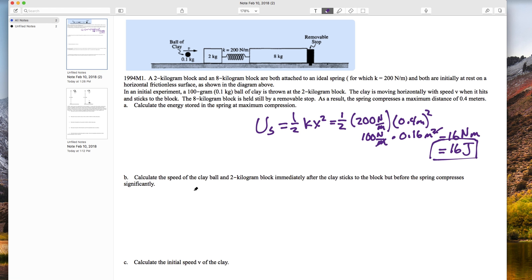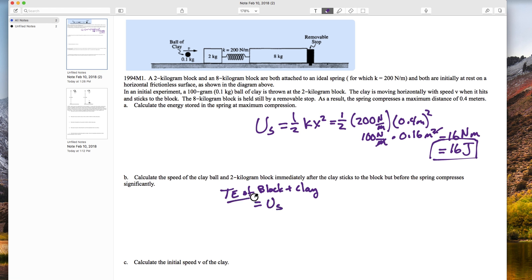What we have to do instead is notice that we have an energy value, and that energy value is stored in the spring. So the total energy of block and clay has to equal the amount that ends up getting stored, potential energy in the spring.